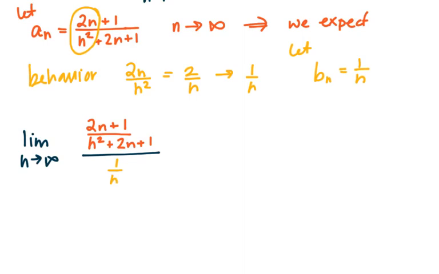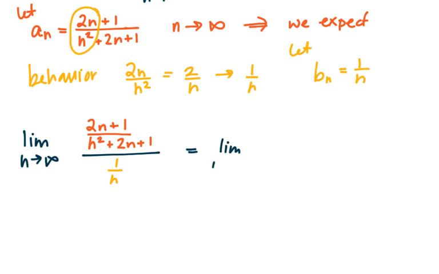So I've set this limit up. My a and b both represent nth terms from series, and I know b sub n is the nth term from my harmonic series, which is divergent. So let's see what happens if we simplify this. Do we get a constant? Do we get 0? Do we get infinity? And when I say constant, it needs to be a positive constant.